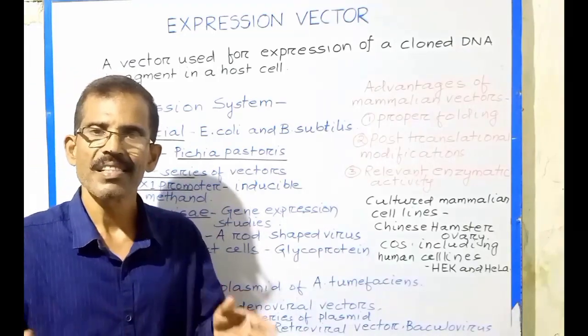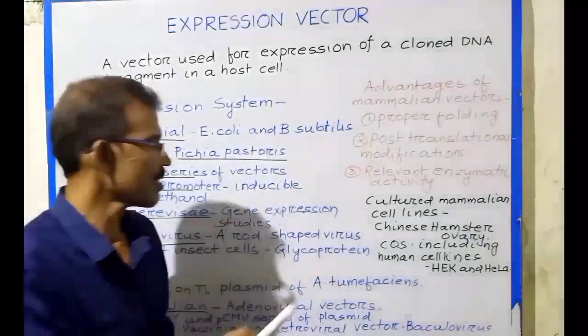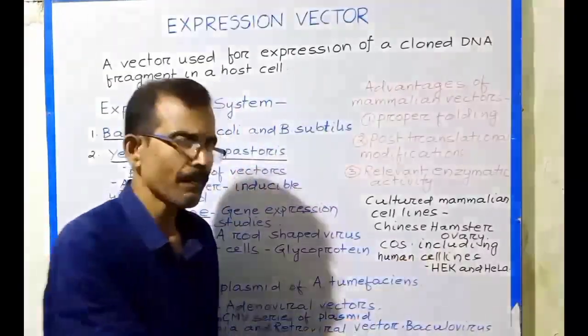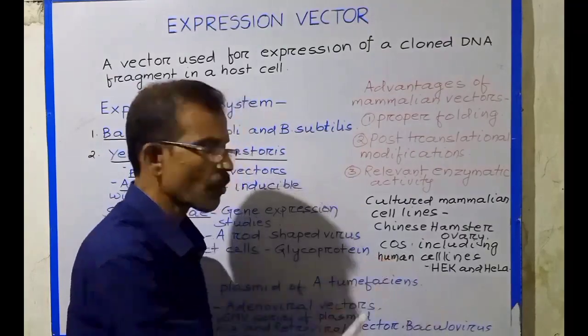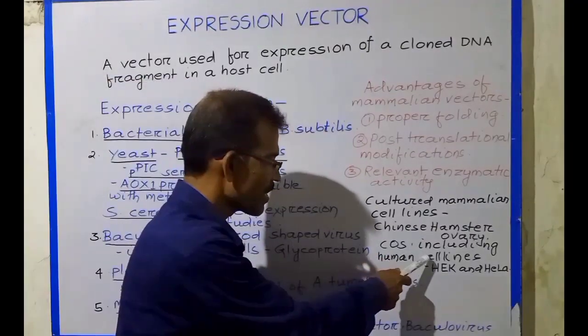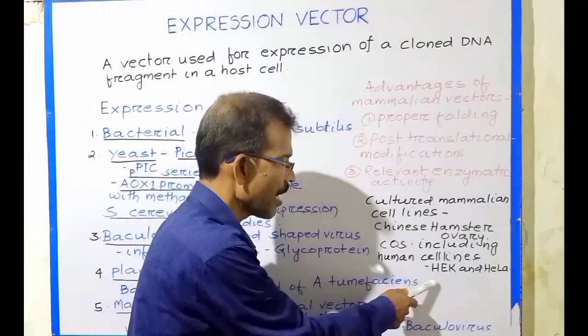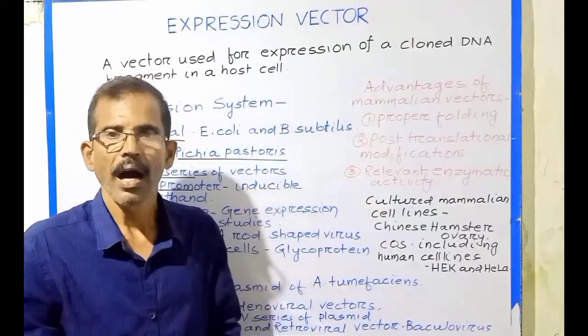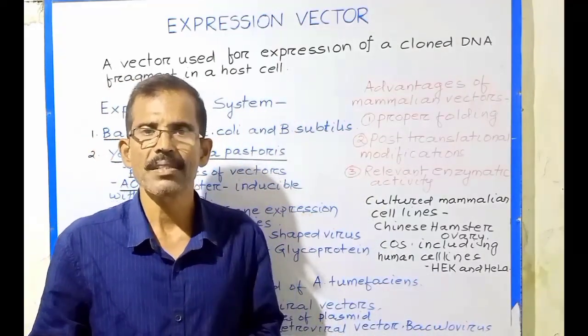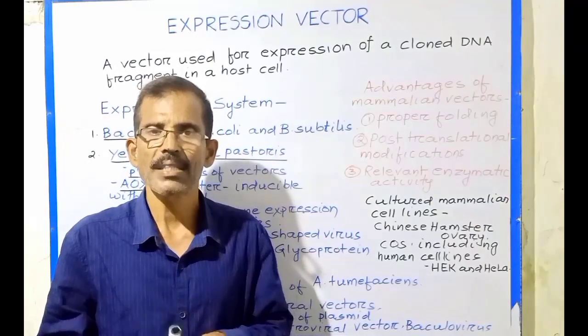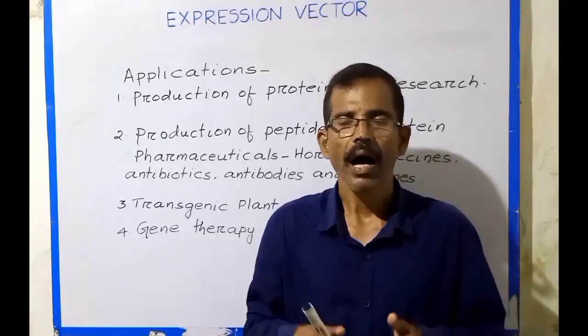Various mammalian cell lines such as Chinese hamster ovary, COS, including human cell lines such as HEK and HeLa, are used for protein production by using the expression vector.